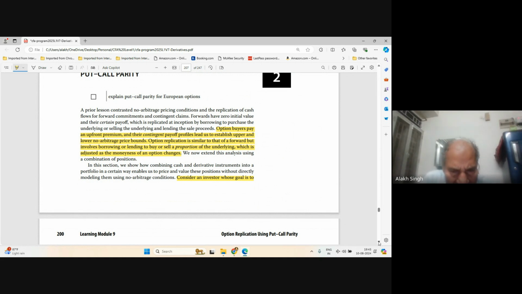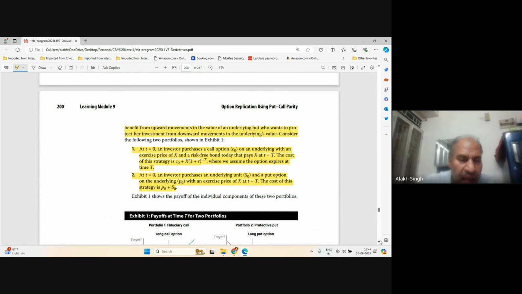So option replication is similar to a forward, but it also involves borrowing and/or lending and selling the underlying. It also talks about the company, but we will come back to that. There is no point in discussing it unless you can understand it.